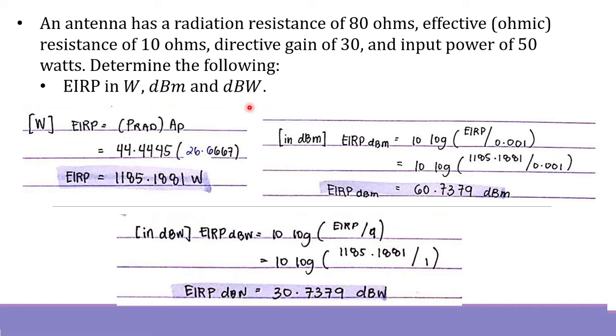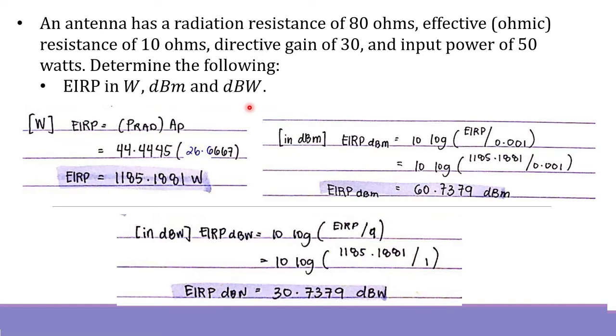So the EIRP value is 1185.1881 watts. Next is the EIRP value in dBm, which is we will have the formula 10 log EIRP over 0.001.